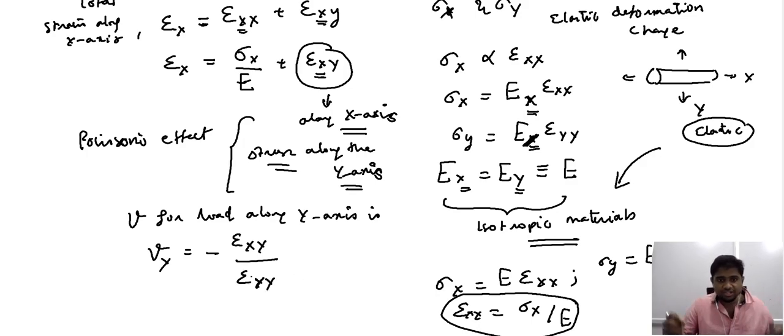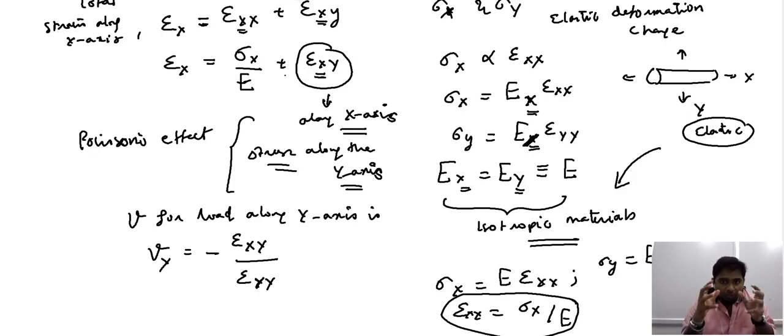So what we essentially have done is, the second term involves a response offered by the material along the x-axis for the stress that is imposed along the y-axis. That understanding we gain from considering these two subscripts here.